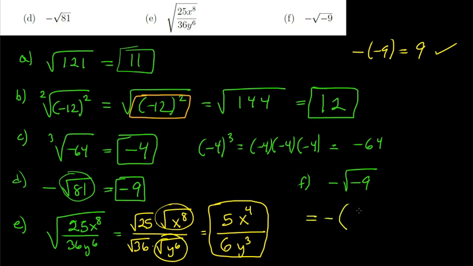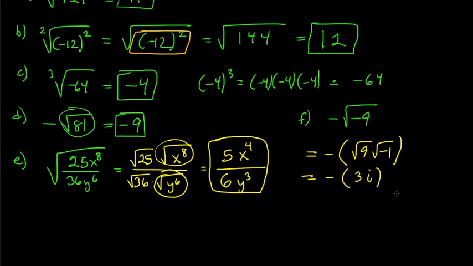Okay, so the square root of negative 9 is the square root of 9 times the square root of negative 1. And remember, the square root of 9 is 3. The square root of negative 1 is i. It's imaginary. So we just have negative 3 times i.